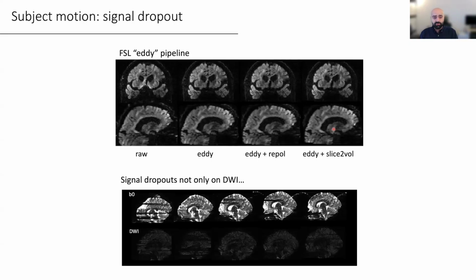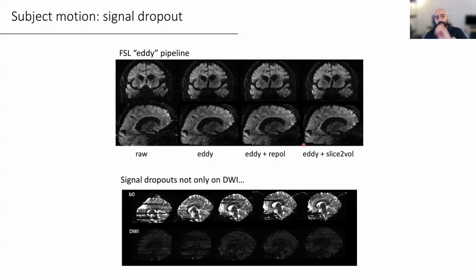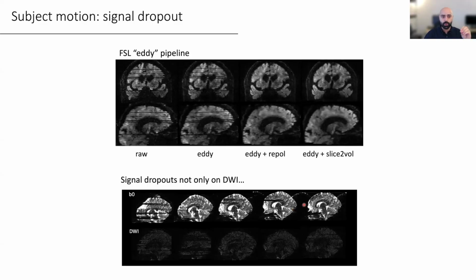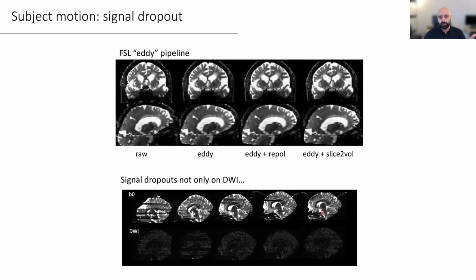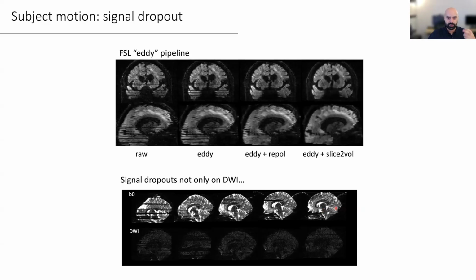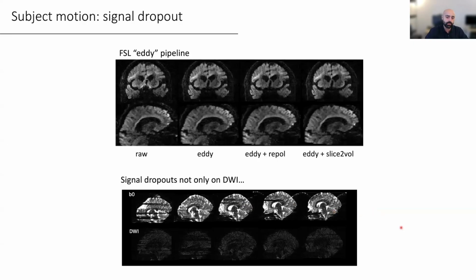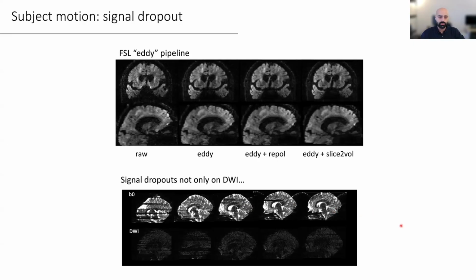Signal dropouts don't only affect the diffusion weighted volumes in a series, they also affect the B0 images. These are the ones acquired without any diffusion gradients, or with a diffusion weight of 0. So these B0s can also have these artifacts. They're not as easy to correct as the ones affecting the diffusion volumes themselves, but there are ways to deal with them.